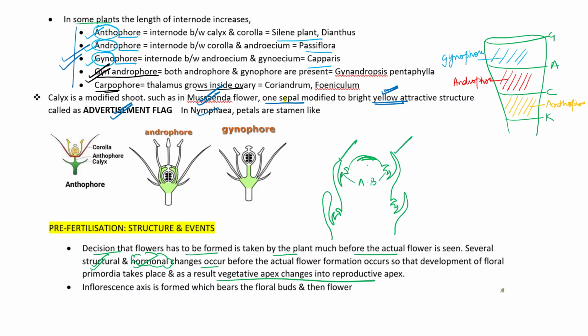These are leaf primordia. Clear? When this vegetative apex changes into the reproductive apex because of hormonal changes, it becomes flat from dome shaped. And for the flower, the main parts which are important are the gynoecium, the innermost whorl, and the androecium, the second innermost whorl.